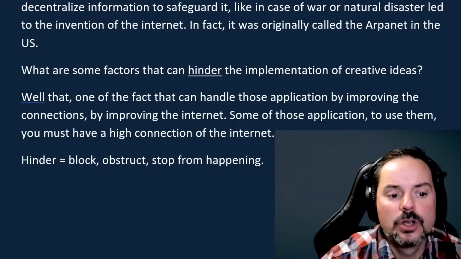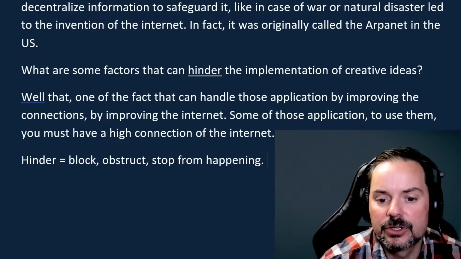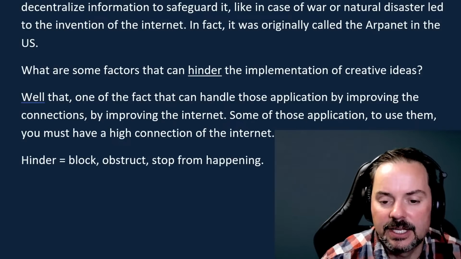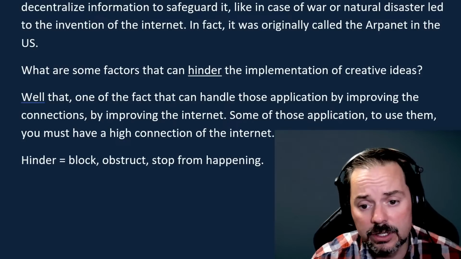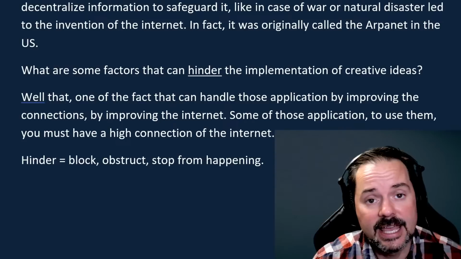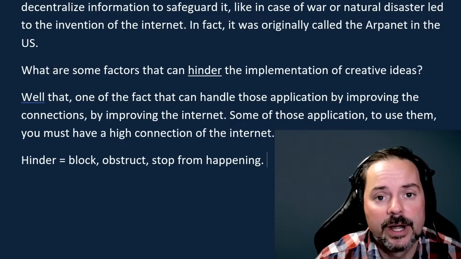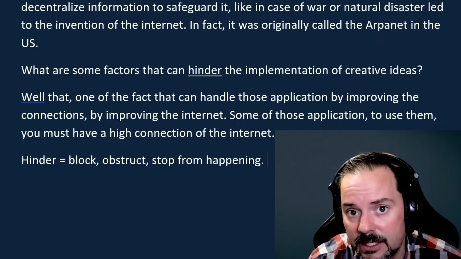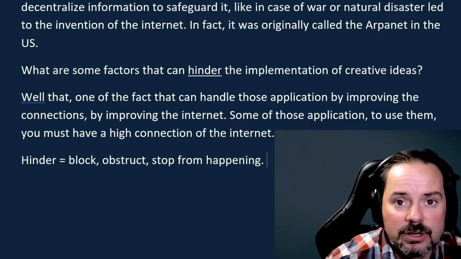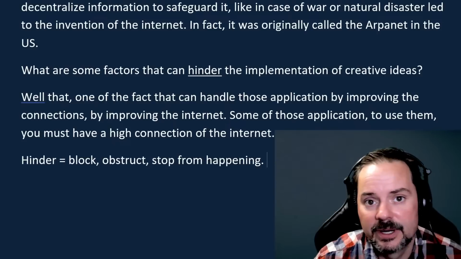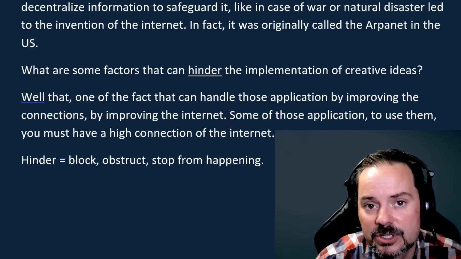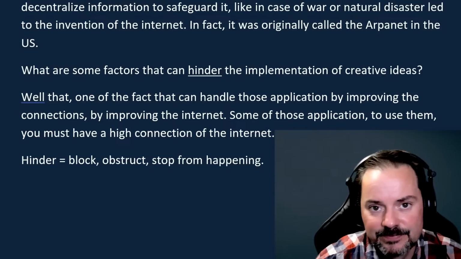Hinder means block or obstruct, stop from happening. Okay. So what are some factors that can hinder the implementation of creative ideas? Lack of technology can hinder creative ideas, like having slow internet. Lack of funding, not having enough money, can hinder creative ideas. I had a great idea to change my house to solar power, but I didn't have $20,000 to buy solar panels, right?